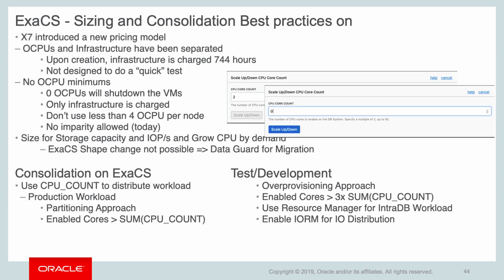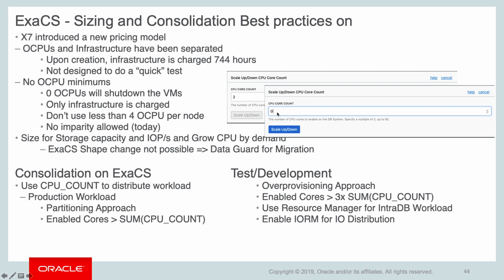Some of the sizing and consolidation best practices. X7 was introduced some time back, and the pricing model was changed for it. That allows you to scale all the way within the shape up to the maximum allowable OCPUs, and you can bring it down to 0.